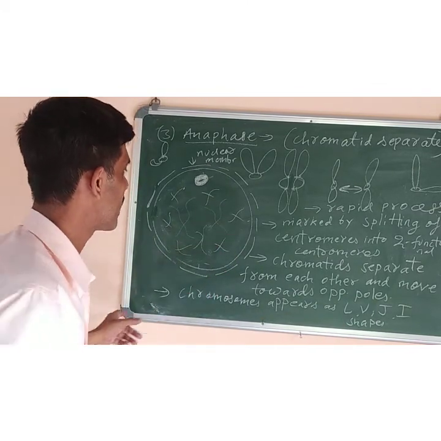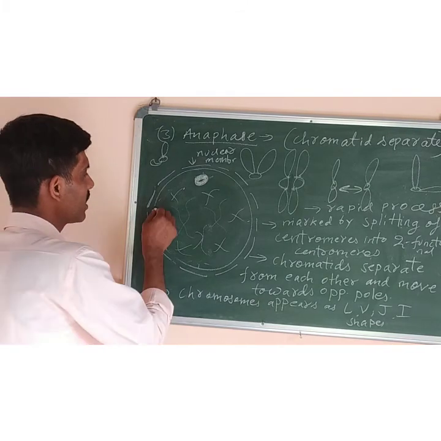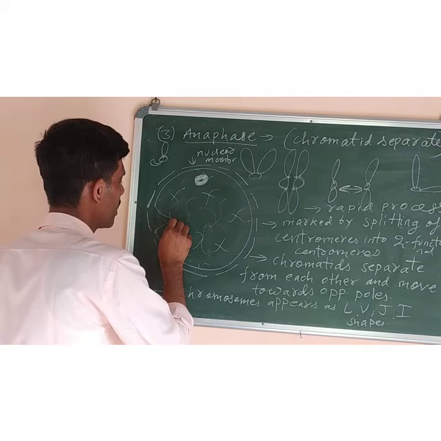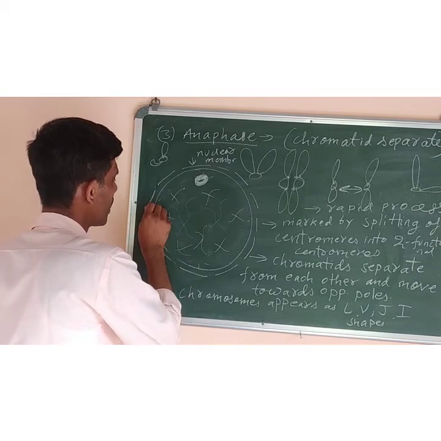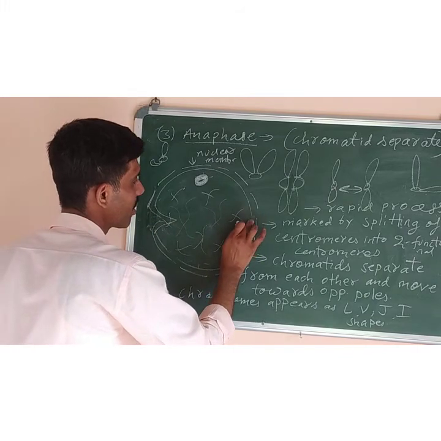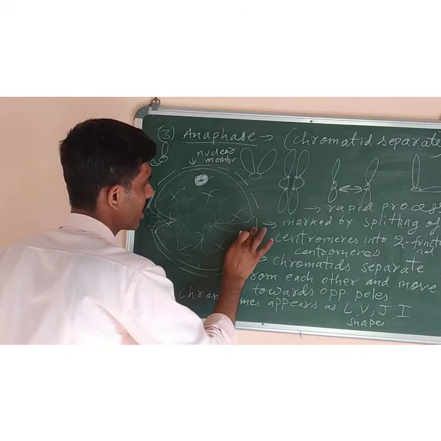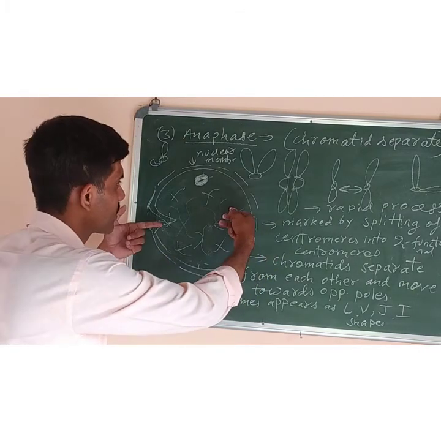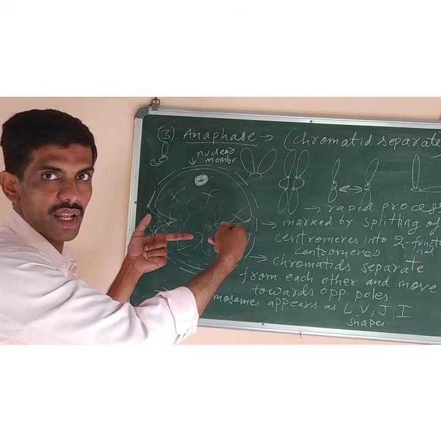That is, the chromatin network is formed, and then there is deepening of the membrane. The nuclear membrane will deepen further, and the depression will help in the separation. Like in the case of an animal cell, a furrow is formed in the cell membrane.